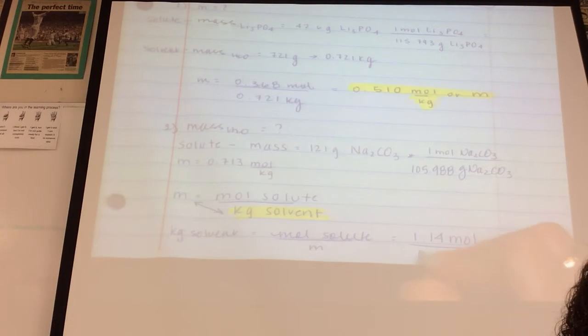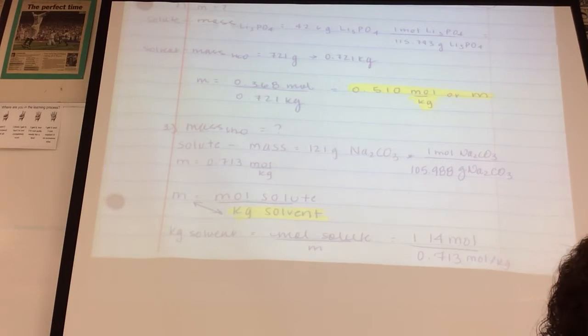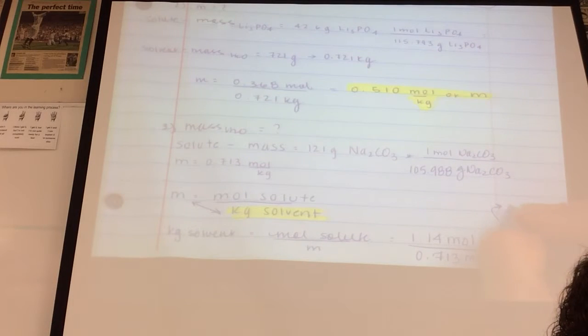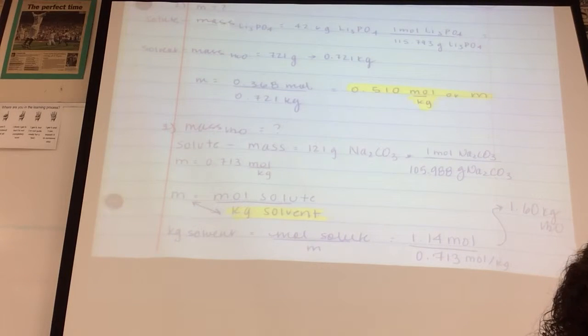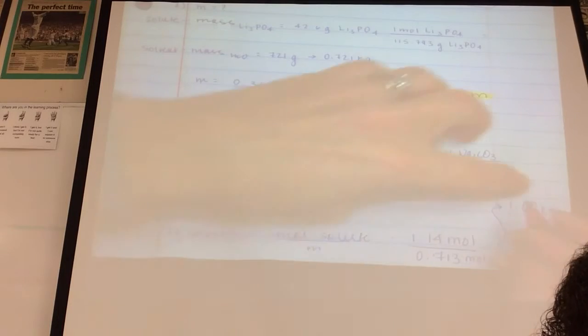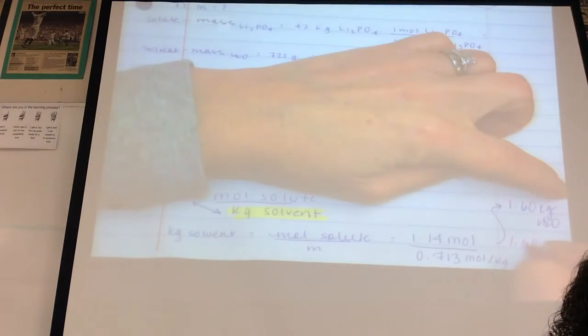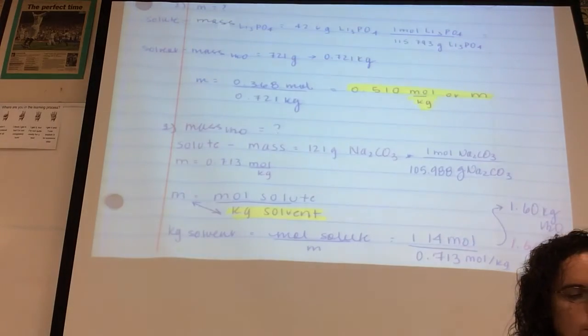I'm going to divide it by this. I get 1.60 kilograms of water, but they asked for it in grams. So that's 1.60 times 10 to the third grams of water. I just multiplied by 1,000 or 10 to the third.